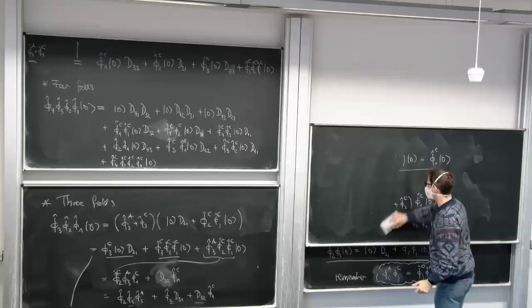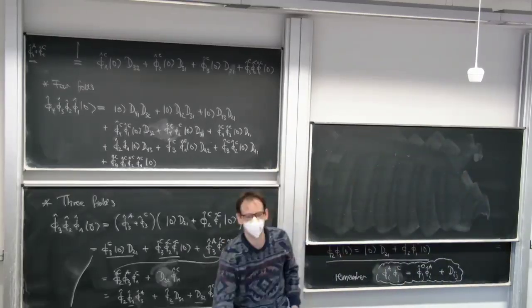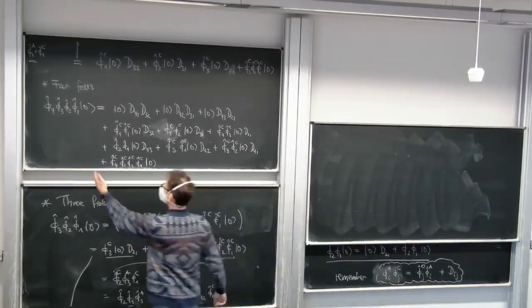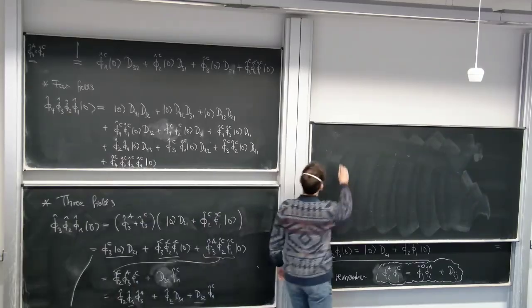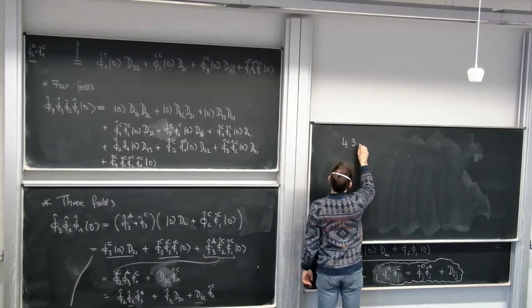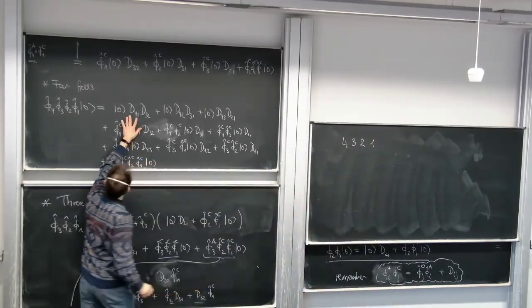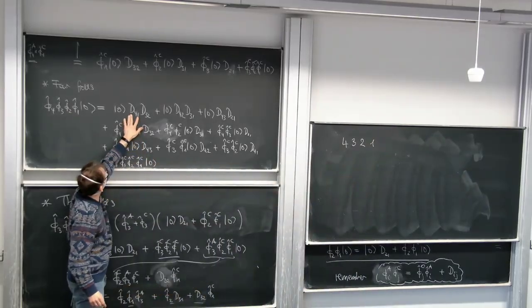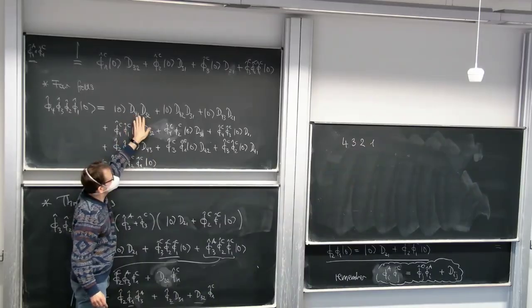And people came up with a graphical notation for these terms. Since we have this order coming in, we'll always write 4 3 2 1. This one could connect index 4 and 1 and 3 and 2 with a propagator.